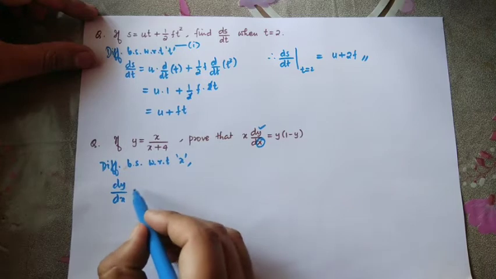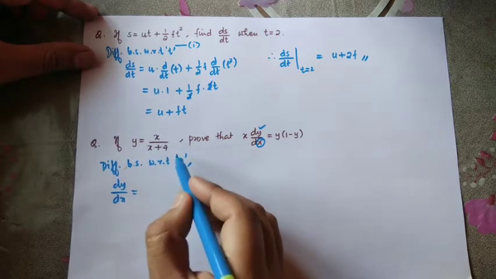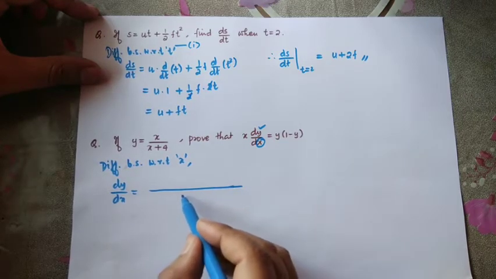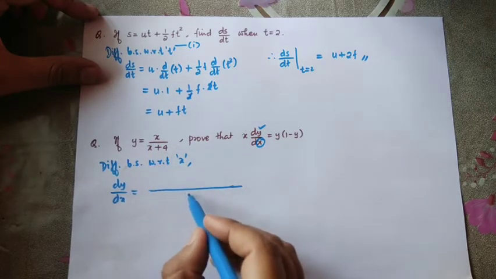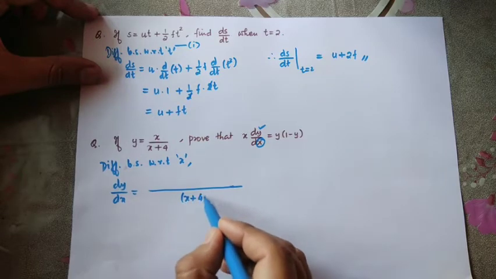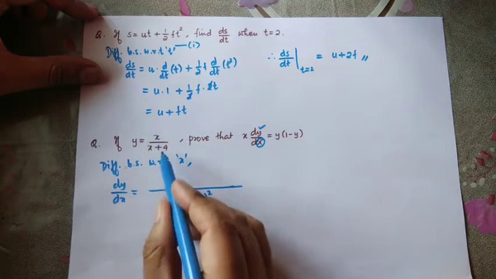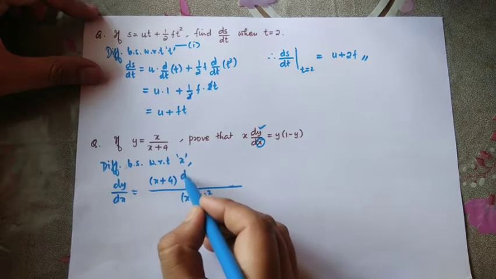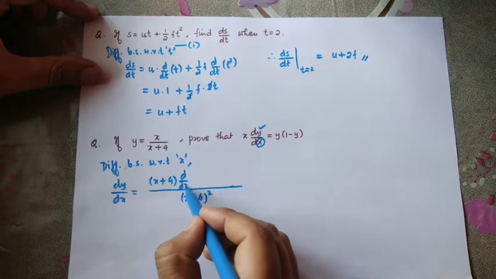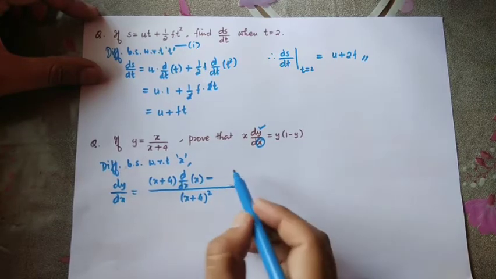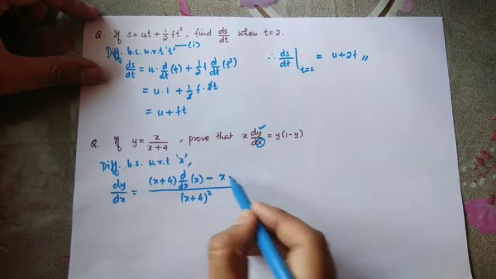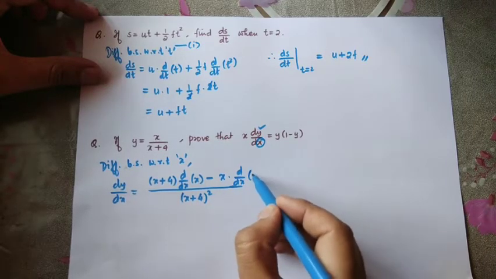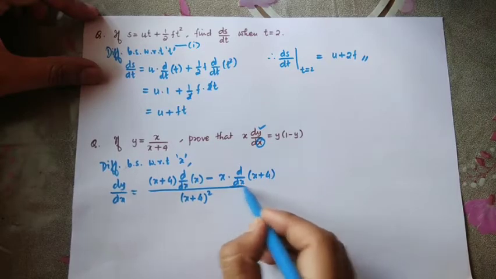This is again of the f by g form, so in the denominator we have the square, that is x plus 4 whole square. In the numerator, first I'll keep x plus 4 as it is and differentiate the numerator x. Then we write minus, whichever is differentiated will be kept as it is, and whichever was not differentiated we differentiate, that is x plus 4.